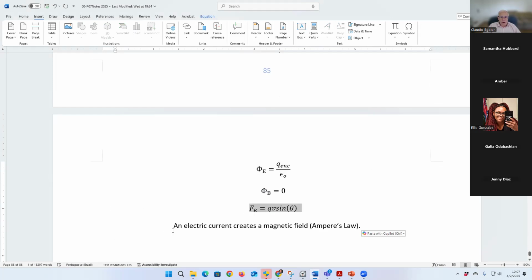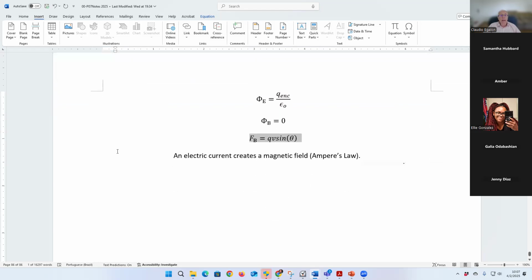And then we have this other law, the Lorentz force law, given by the charge, the velocity of the charge, and the sine of the angle of the velocity vector with respect to the magnetic field. And this new law that I'm telling you, that's Ampere's law: an electric current creates a magnetic field, right? An electric current is the source of a magnetic field, which is given by Ampere's law.